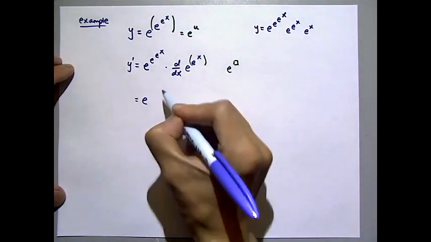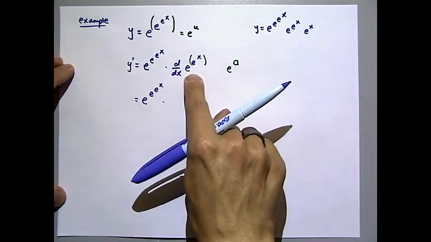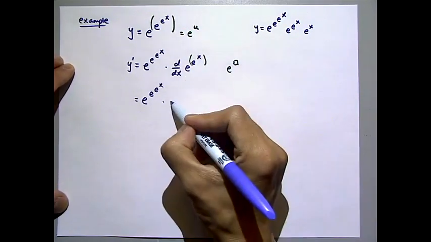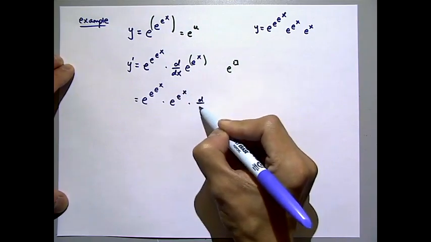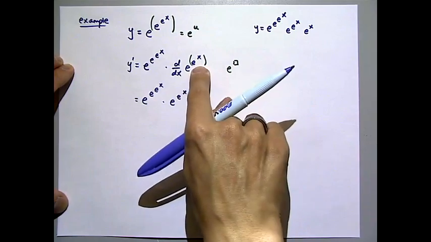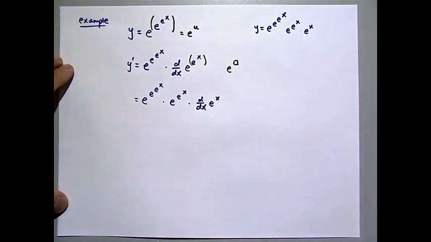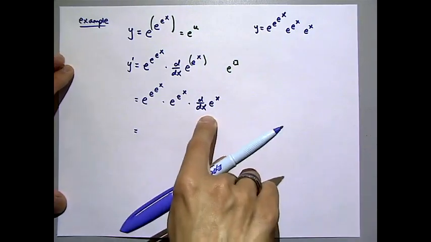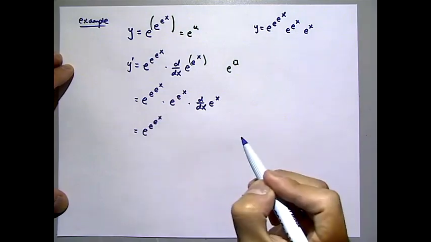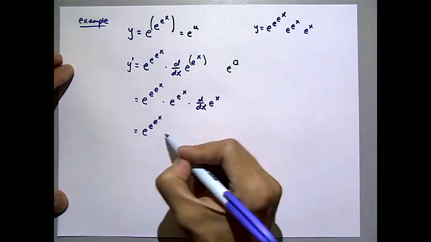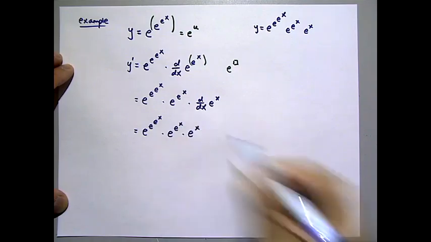So there's e to the x times, the derivative of this is the same thing to start, times the derivative of what we're calling u this second time. Okay, now this is easy. That's just e to the x. So there's our e to the x times e to the x. So there you go.